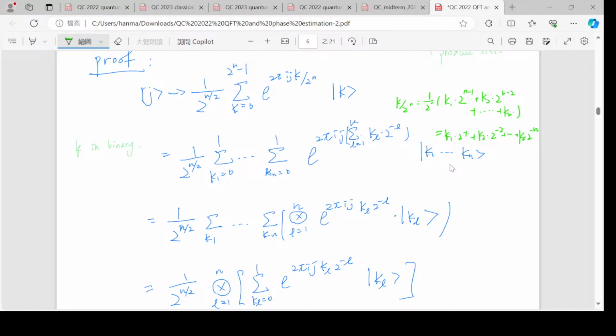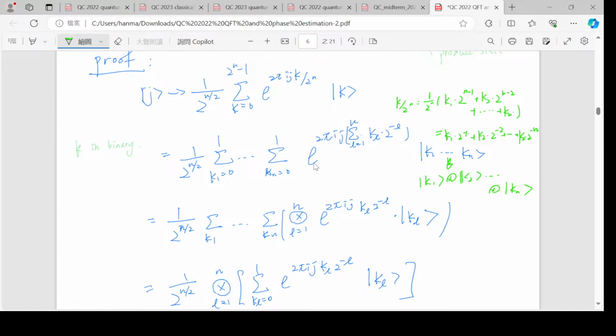And so now we also do something extra. Okay, so here we just mathematically wrote k in terms of k1 to kn, but now we also remember we have those as a bit string, right? So this k1 to kn is actually a computational basis state, and it's the first bit k1 tensor the second bit k2, tensor the nth bit kn, right?